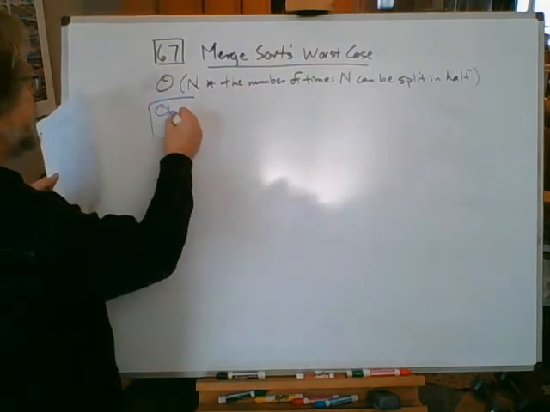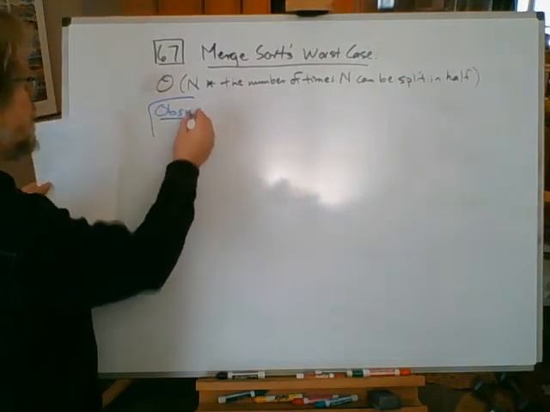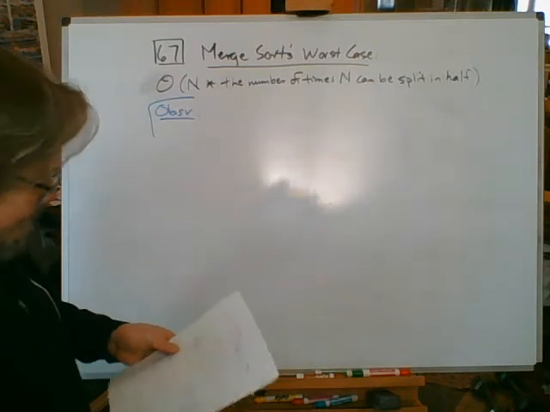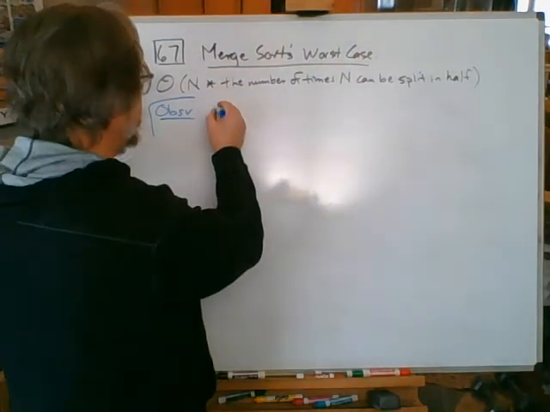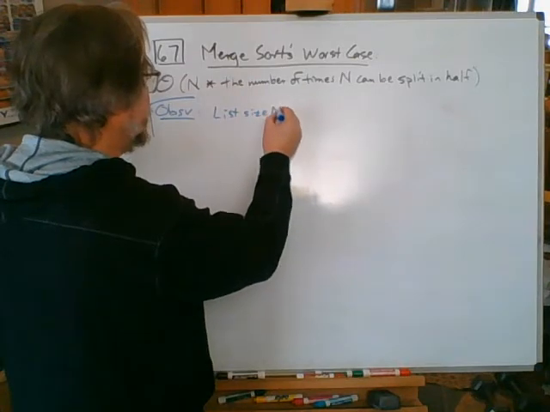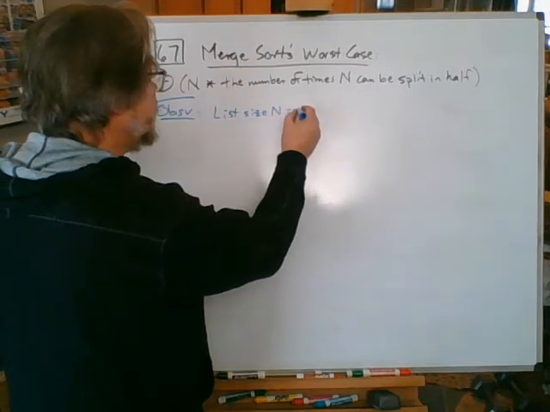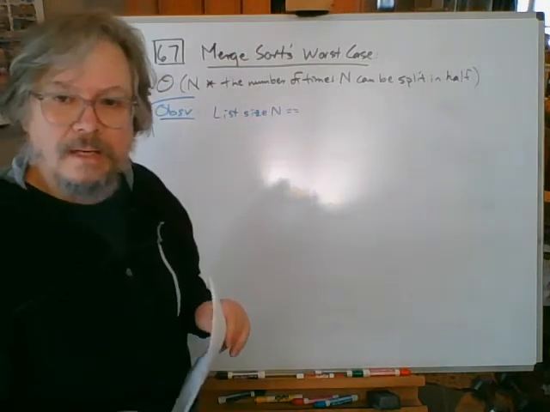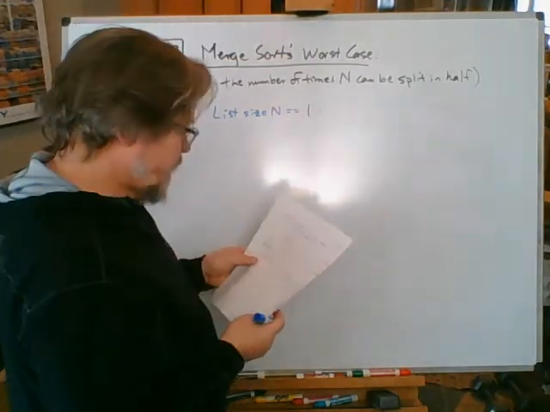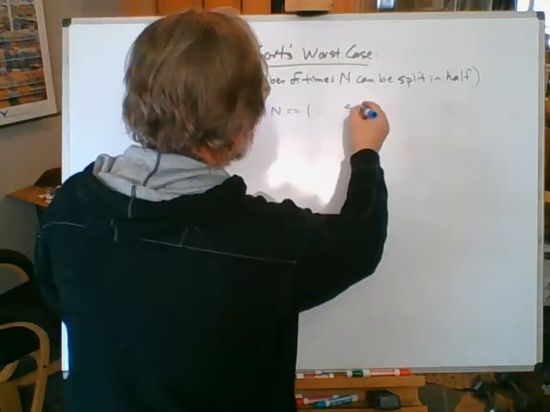Here's an observation. Actually, a collection of observations. Suppose list size capital N is equal. Look at me using double equals. I don't want to assign it. I'm going to say it's already equal to 1. If the list is size 1, we can't split it at all. Split 0 times.